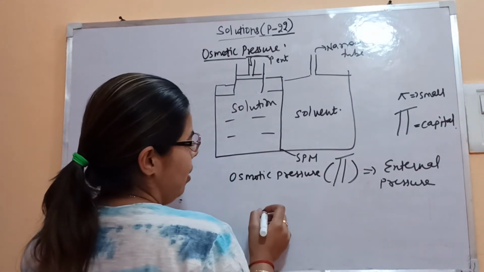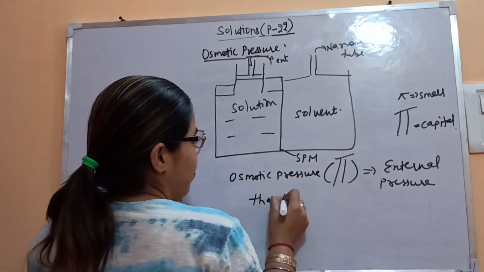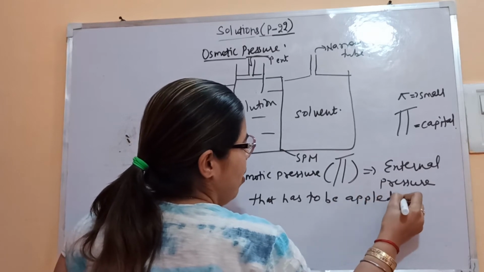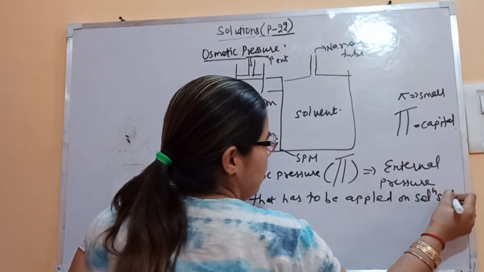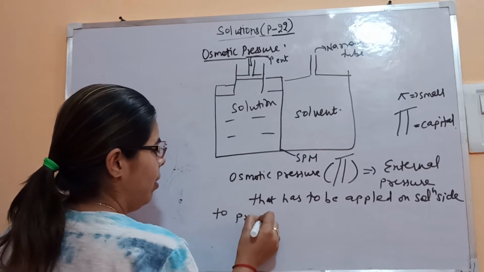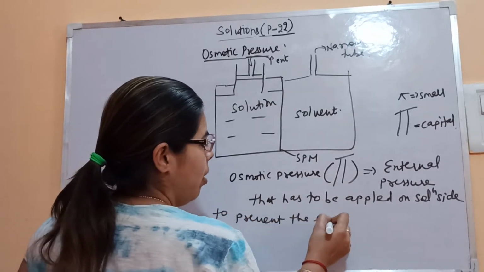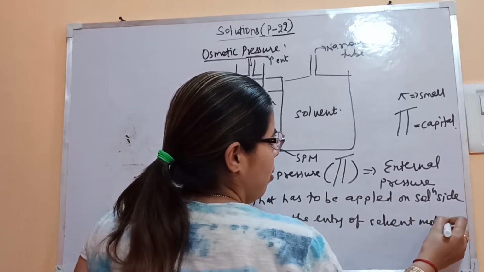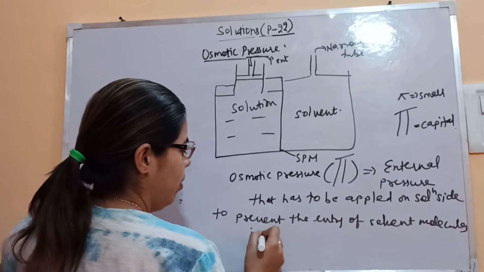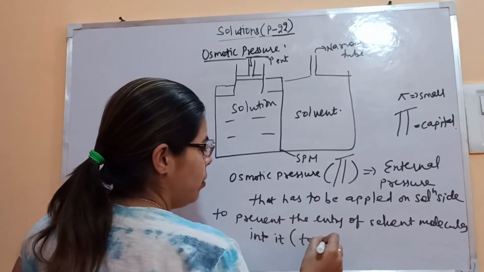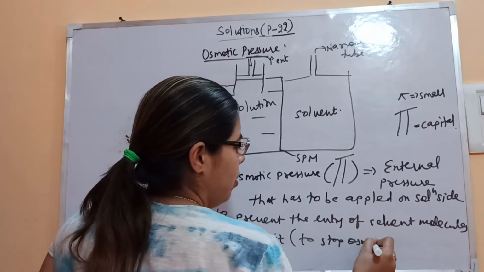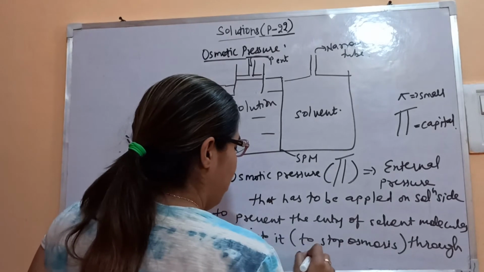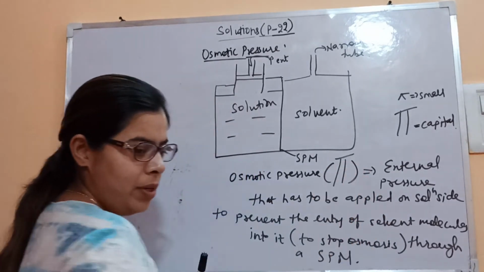External pressure that has to be applied on the solution side to prevent the entry of solvent molecules into it, or to stop osmosis through an SPM. Okay, so it can be defined in two ways.